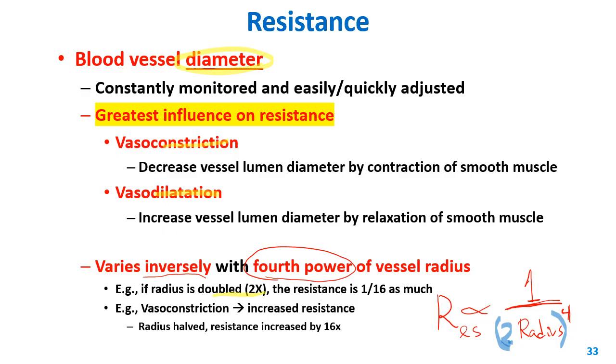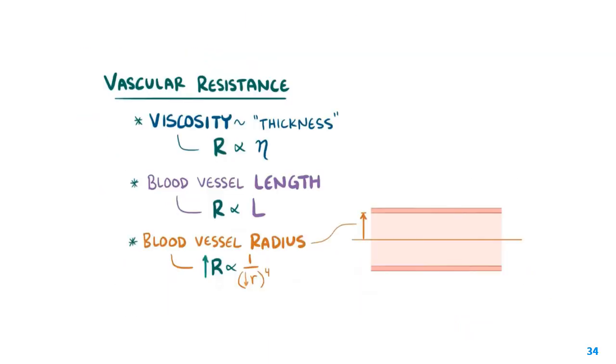That means doubling the radius, you're going to have 1 over 16. Your resistance is going to go down a lot if you double the radius. If you halve the radius, then you're going to increase your resistance by 16 times. So changing that radius is going to have a huge influence on the overall systemic resistance. We're going to have better examples of that.